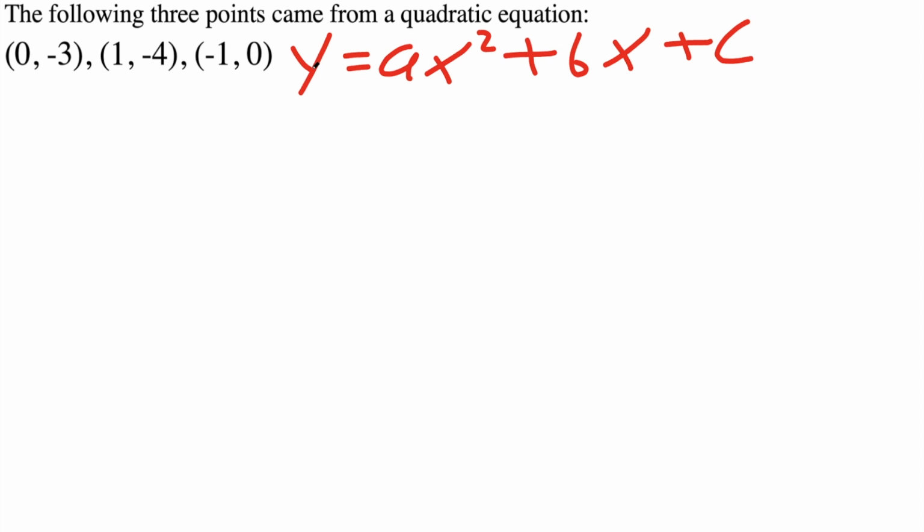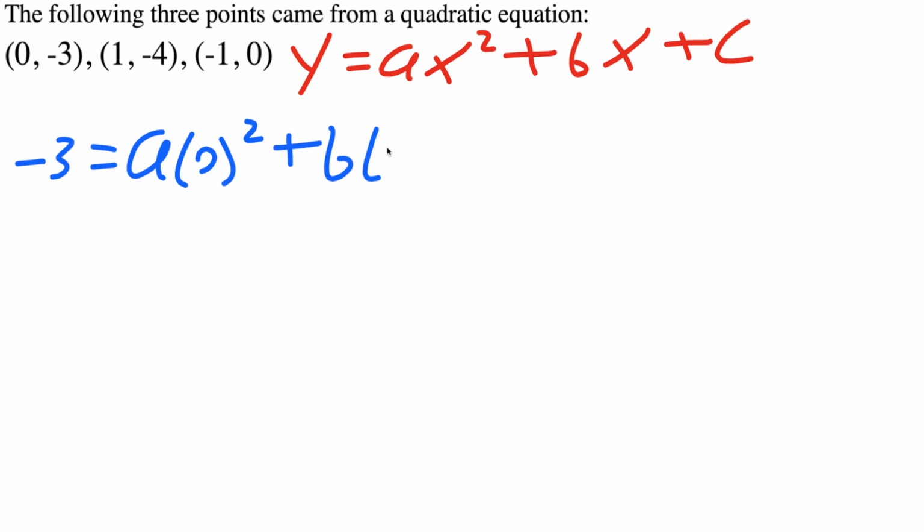So for example, this y is going to be -3 is equal to a. We don't know what a is, but x is 0. So a(0) squared plus b(0) plus c. That's our first equation. We're going to do the exact same thing for the 2 others.